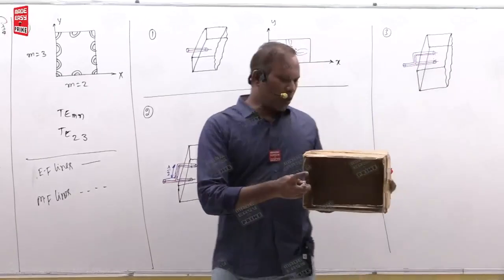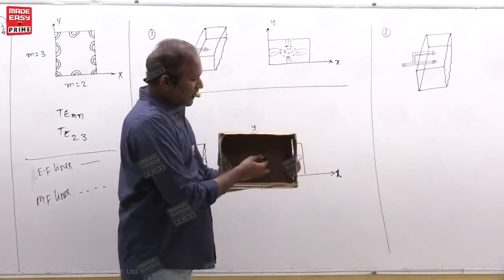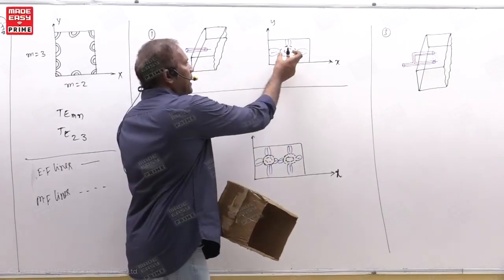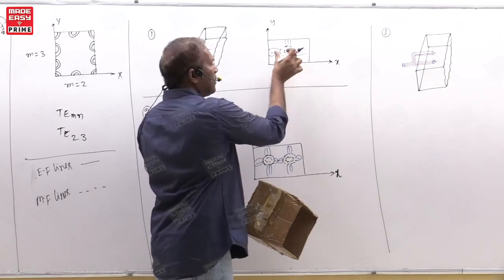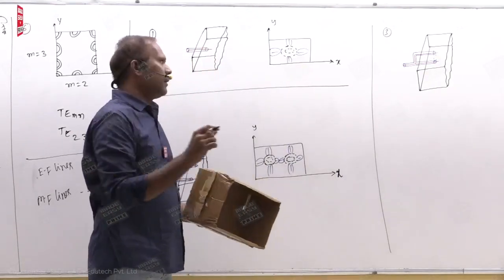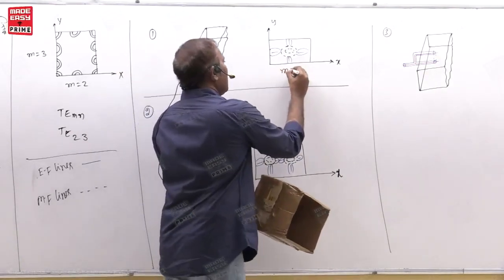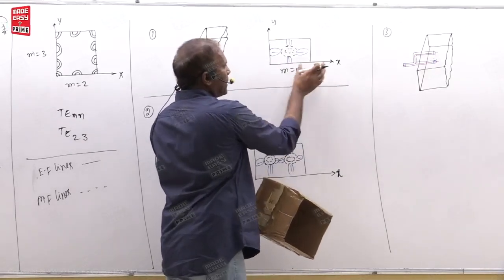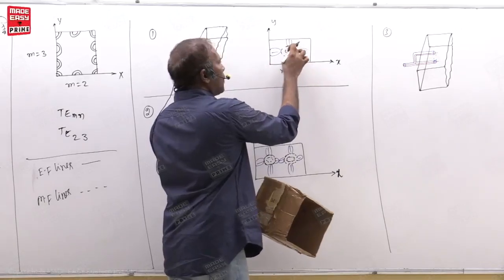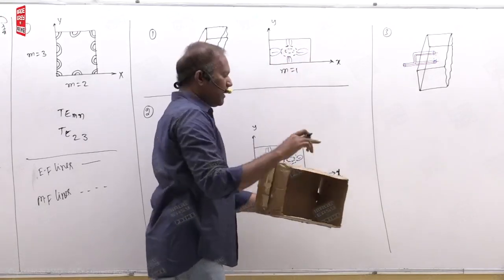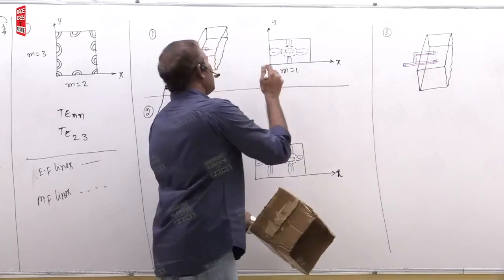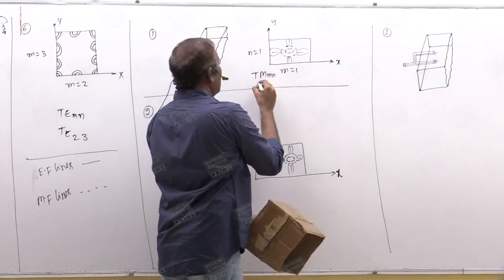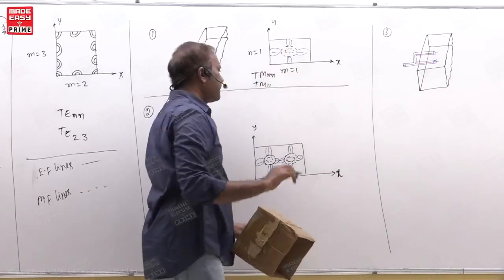So here if the probe is like this, then here magnetic field lines are circular lines, and if a single circle is there, you have to take m is equal to 1 here. In this entire width, in this entire x direction, you have one closed line, so m is equal to 1. That means here one probe is used. So n is equal to 1, that is TM-MN mode. So TM11 mode, that is.